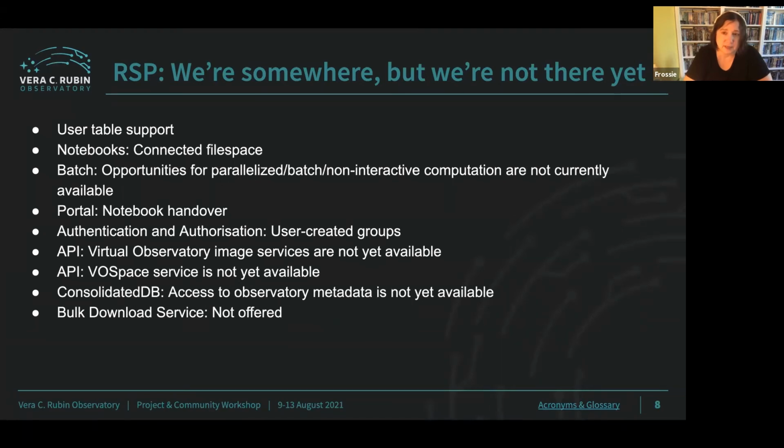There are some things, like VO space and so on, and also user self-created group management, that are further down the list, purely because we don't anticipate real need for them until DR1.